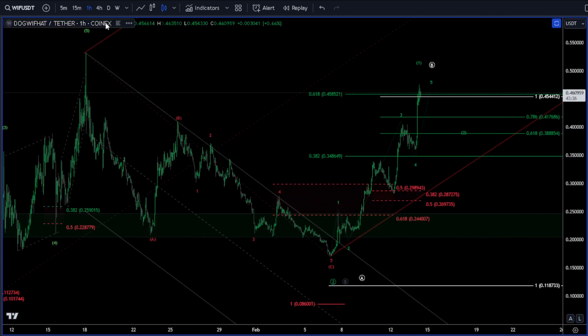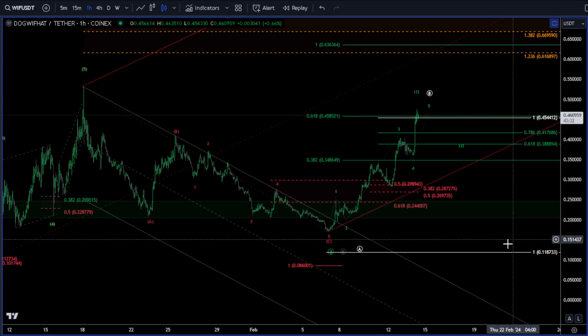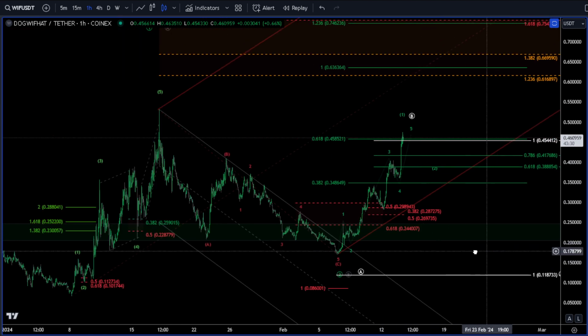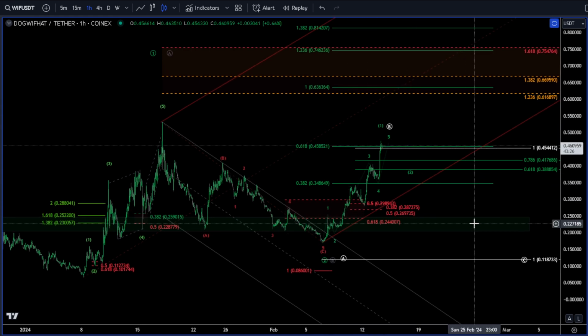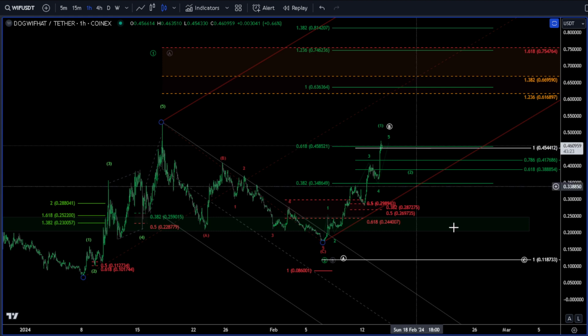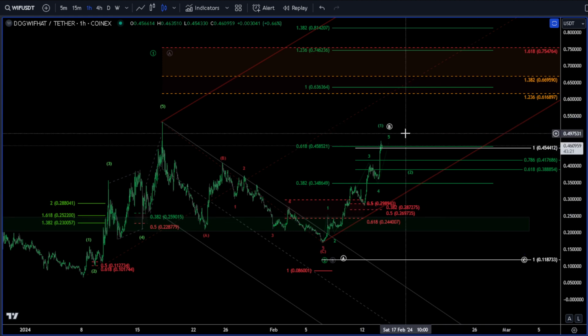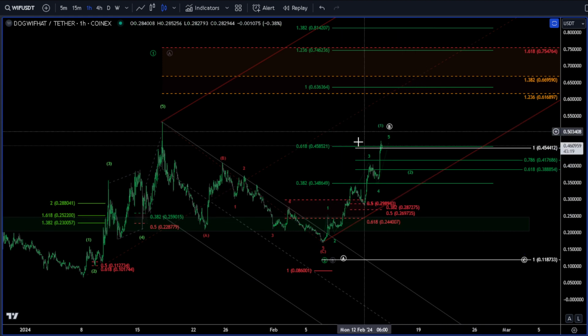So as of right now, this wave is unclear, but it does appear like we're moving to the upside. The question is whether it's corrective or impulsive, and we'll find out once we get a little more price action here so the waves can fill themselves out and let us lean into one count over another.